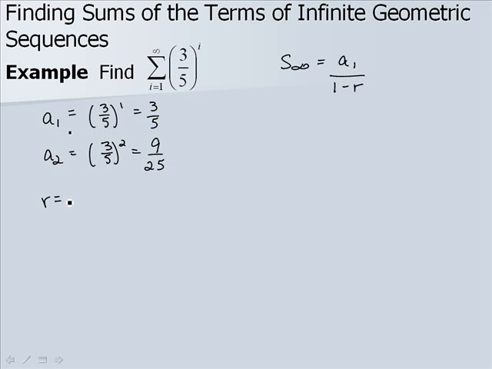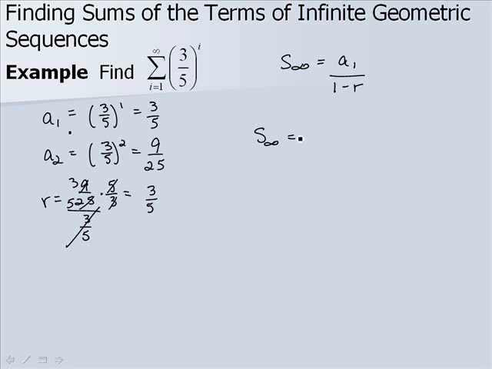And then R will be the division of the two, so we have 9/25 divided by 3/5, which is the same as multiplying by the reciprocal. So when we do this, 3 goes into 9 3 times, 5 goes into 25 5 times, and we get a value for R of 3/5.